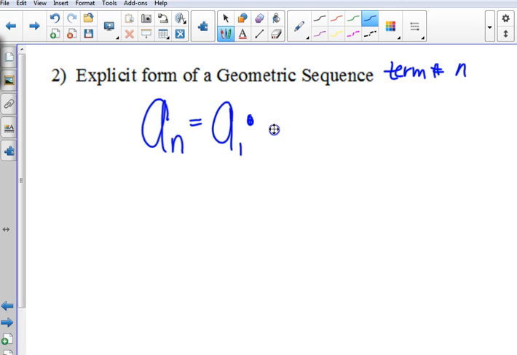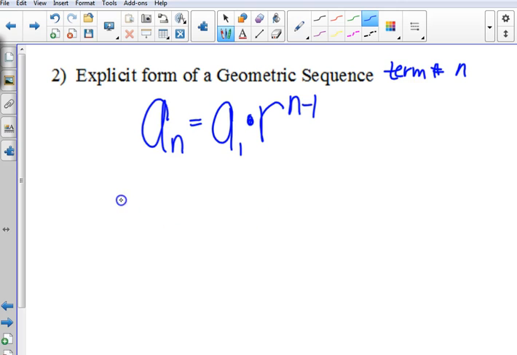What did we call what we're multiplying by? R, yep. n minus 1. What am I going to do with n minus 1? Why power? Does that mean I multiplied by something over and over and over?